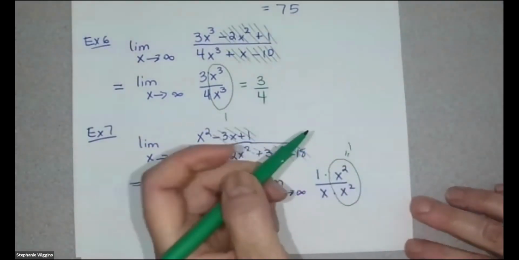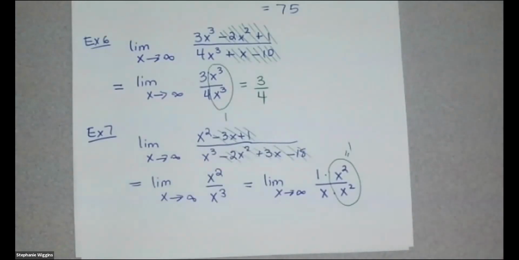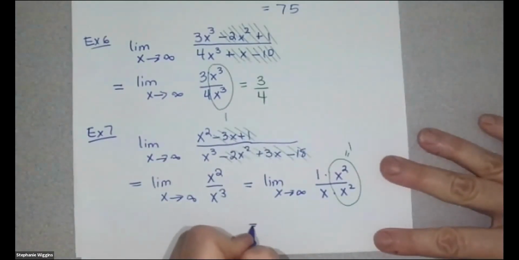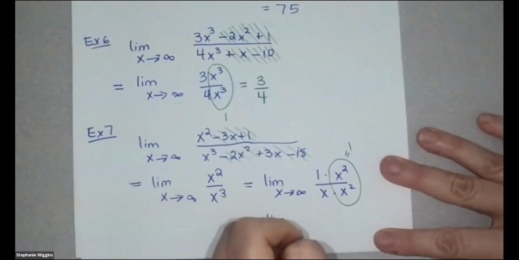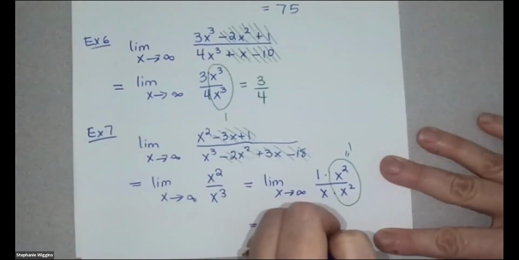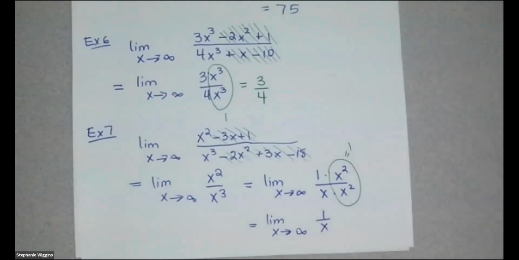These are equal to 1 basically, so this becomes the limit as x approaches infinity of 1 over x. Now think about it. If you take a huge number like a million, take 1 divided by a million, that's really close to 0, right? If you take 1 over 10 million, that's even closer to 0.